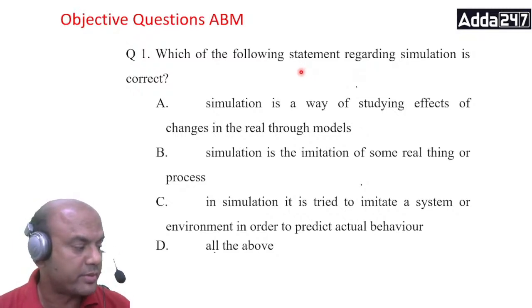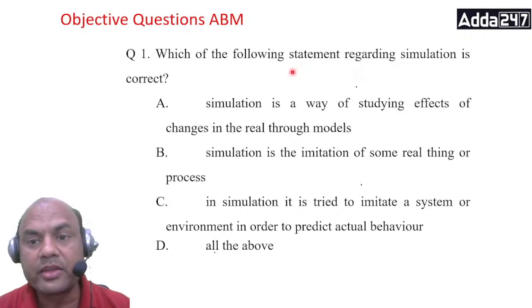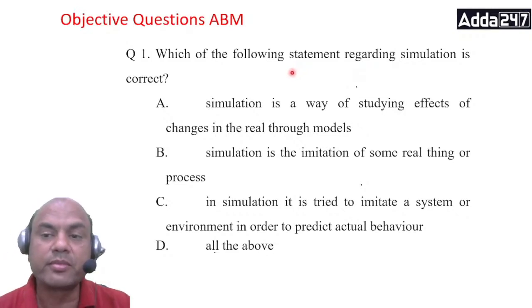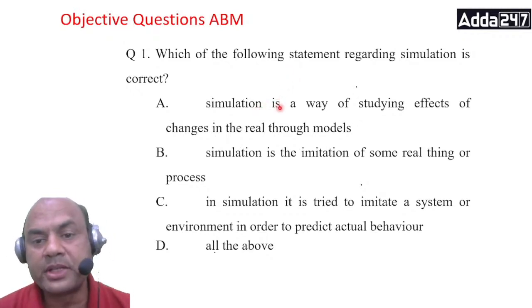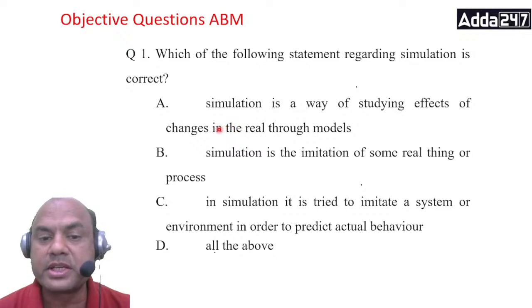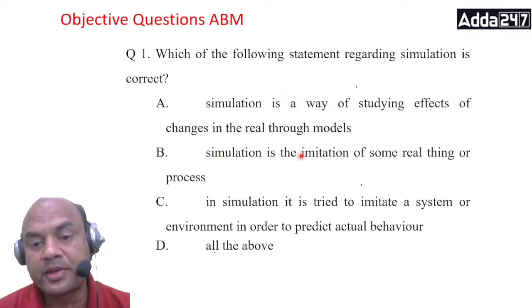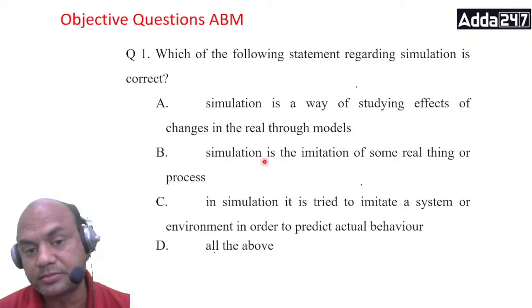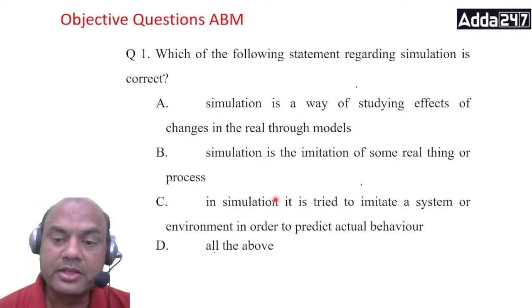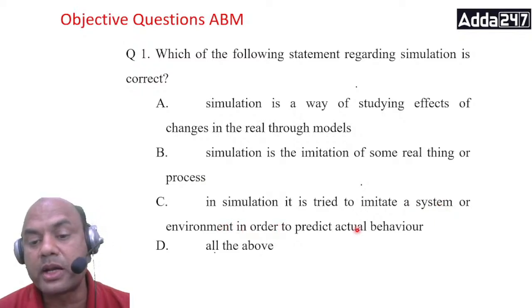So now which of the following statements are correct? Simulation is a way of studying effects of changes in the real world through models. That is correct. Simulation is the imitation of some real thing or the process. That is also correct. In simulation, it is tried to imitate a system or environment in order to predict the actual behavior.